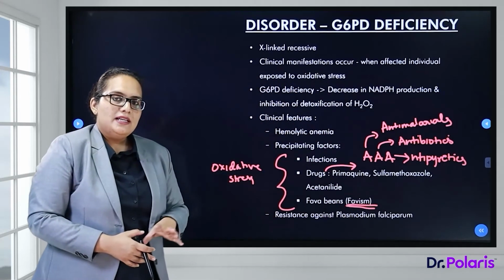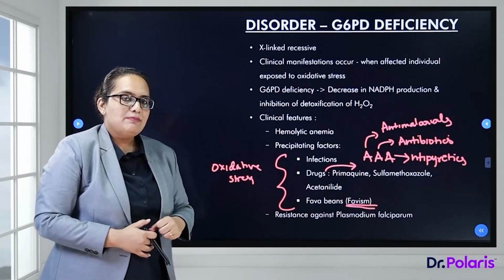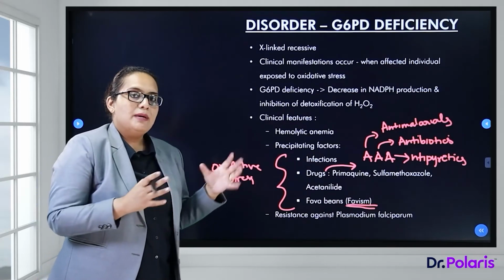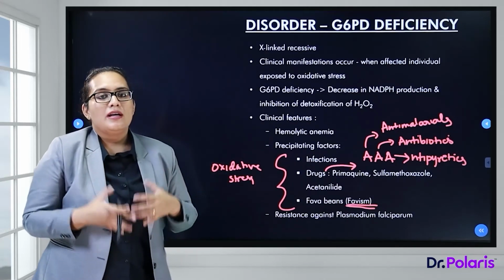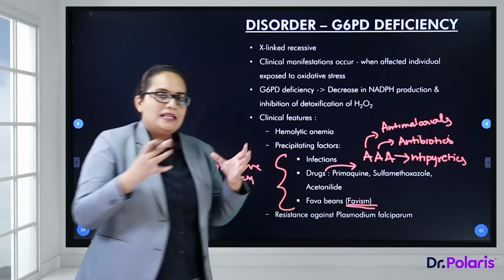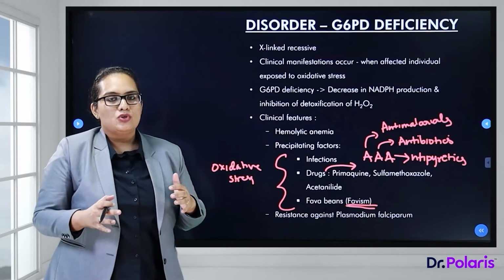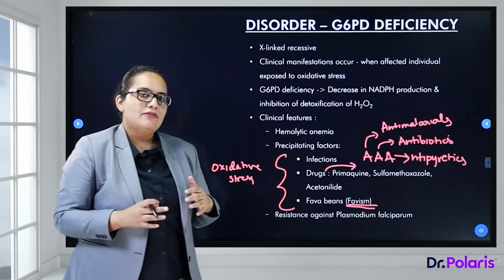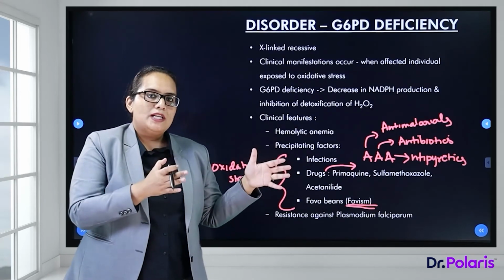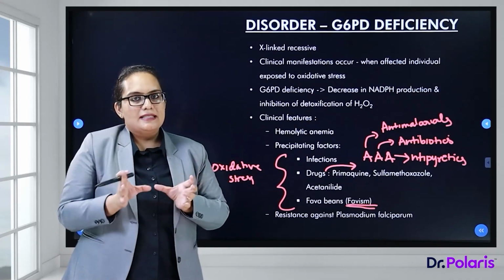In addition to all these clinical features, it's also seen that the individuals who have G6PD deficiency also develop resistance to falciparum malaria. That is a parasite that is involved in causing malaria. So it is generally seen that because of hemolytic anemia, where RBCs are destroyed in G6PD deficiency, the lifespan of the RBCs from 120 days, which is the normal lifespan, is reduced to quite a less duration.